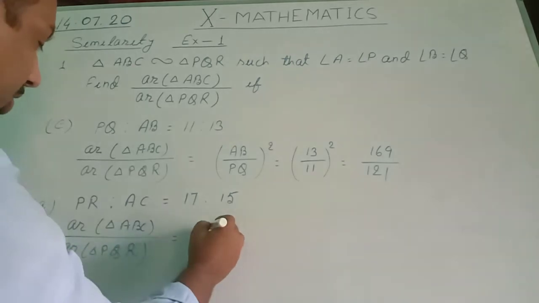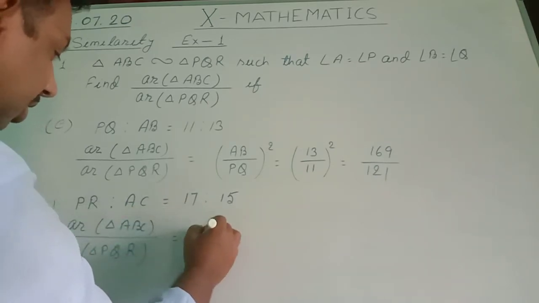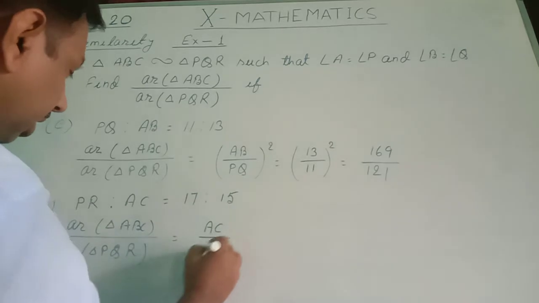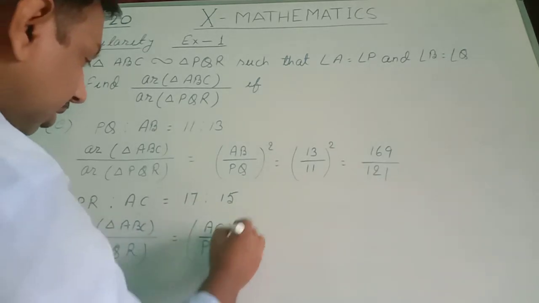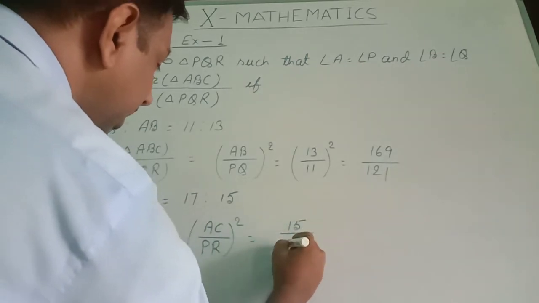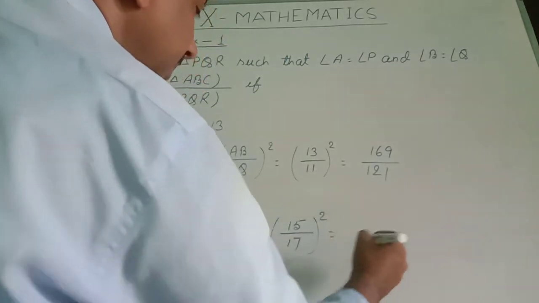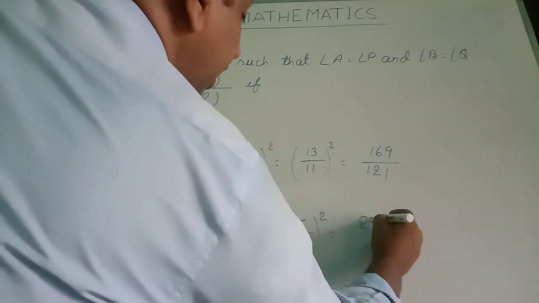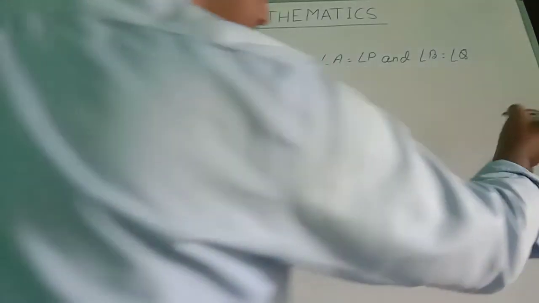For that, the square of the ratio of corresponding sides of ABC and PQR. AC is the side of ABC, PR is the side of PQR, square of this ratio. Now put the values, 15 as the numerator, 17 as the denominator. As we simplify it, we get 225 by 17 into 17.